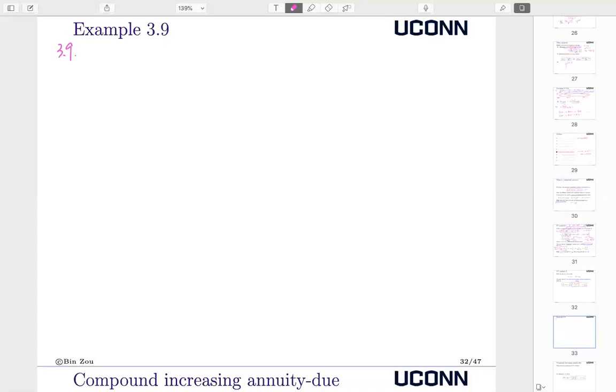Jack receives a payment at the end of each year for 10 years. The first payment is $1,500. The remaining payments increase by 6% compounded each time. Calculate the PV of the payments at time 0 using an annual effective rate of 10.24%.